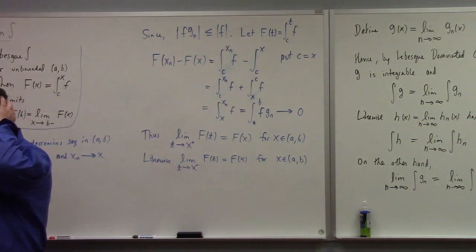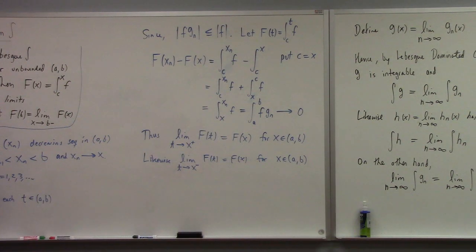So if the left and right limits exist and are equal, then of course the double-sided limit exists, and that suffices to prove continuity.